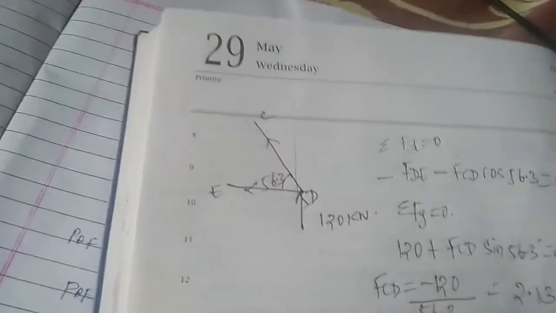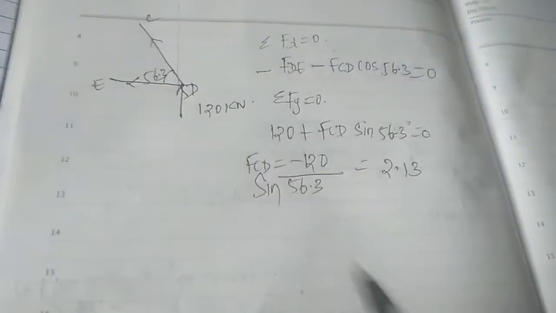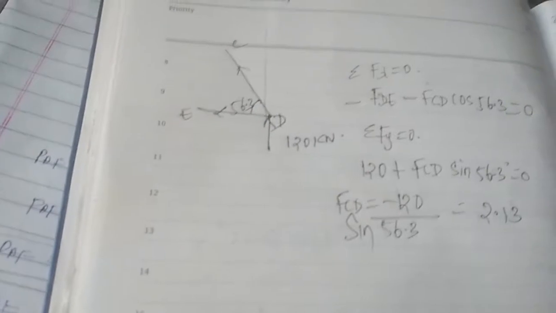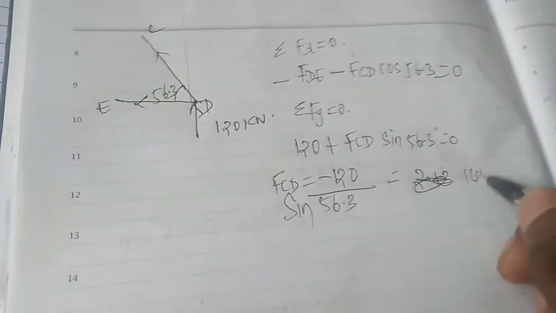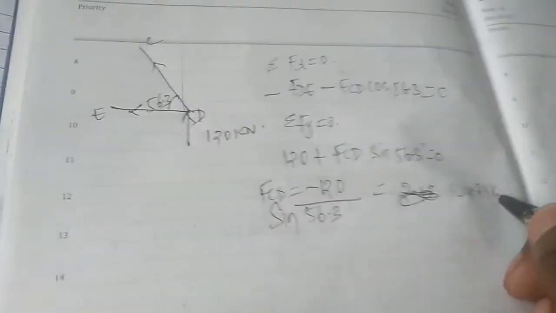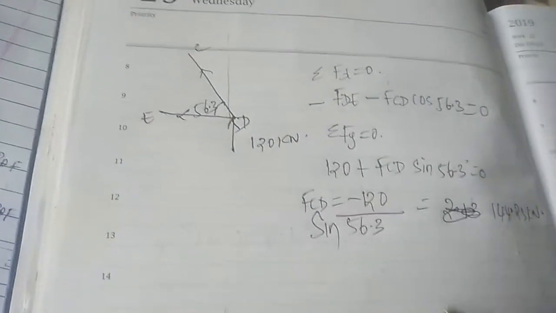This is sine, right? Sorry, sine 56.3. Your answer is 144.23 kilonewton. Okay, so now you have found FCD.